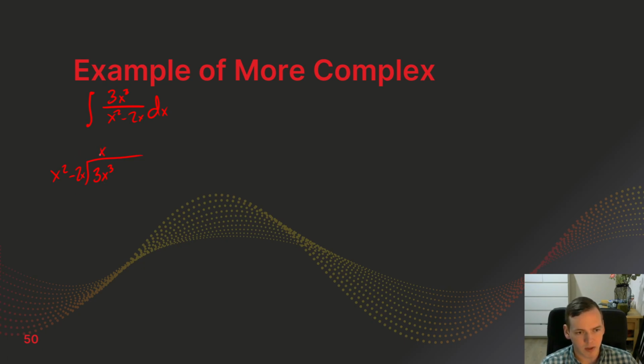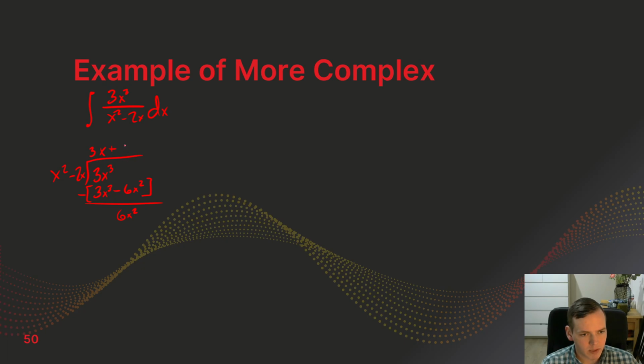So I'm going to start with 3x. 3x times x squared gives me 3x cubed, minus 3x times 2x will be 6x squared. Then I'm going to subtract this, and that leaves me with 6x squared.